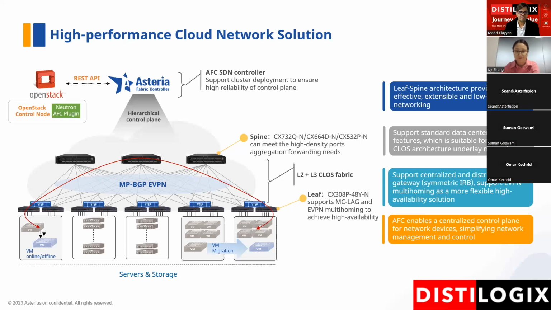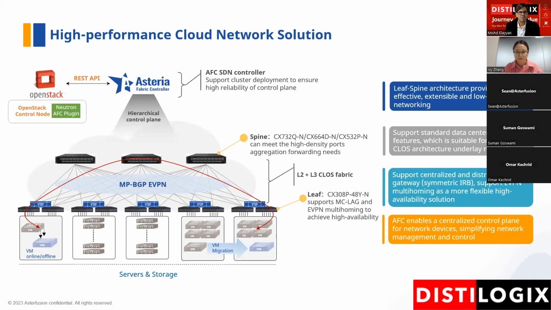Just as I introduced, the switches can build leaf-spine architecture, which is cost effective and scalable. The CXN series supports standard layer 2 and layer 3 data center features. They are suitable for building an underlay network.